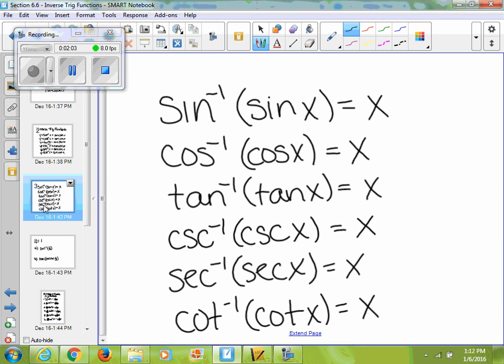The same thing goes for the inverse cosine of cosine of x equals x, inverse tangent of tangent of x equals x, inverse cosecant of cosecant of x equals x, inverse secant of secant of x equals x, and inverse cotangent of cotangent of x equals x.